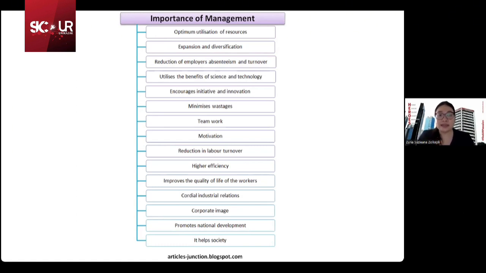Minimize wastage. This is what I meant just now about resources. And then what else? Corporate image. This is all related, right?